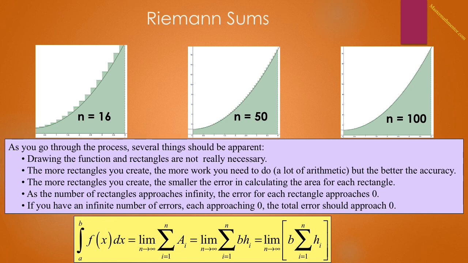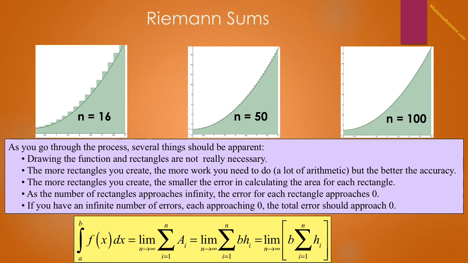So, the integral from a to b of f of x dx, representing the area under the f curve, will equal the limit, as n approaches infinity, of the summation, where i runs from 1 to n, of a sub i, meaning a sub 1 plus a sub 2 plus a sub 3, and going out forever.